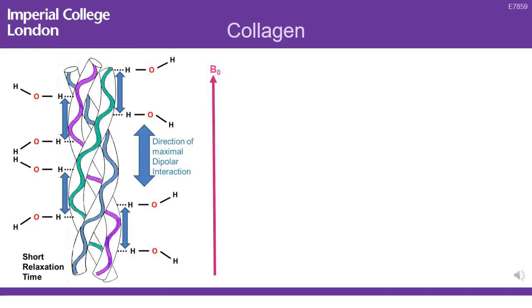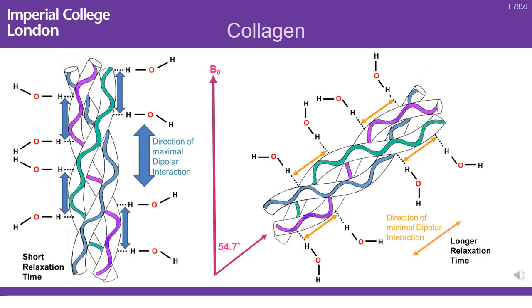The relaxation sink for the entire water-proton system is primary hydration of the polar sites on that main chain. When the collagen fibre is orientated at the magic angle, the dipolar interaction from the static field falls to a minimum. This lengthens the relaxation time, and that's because the T2 decay is only governed by the time-varying field.